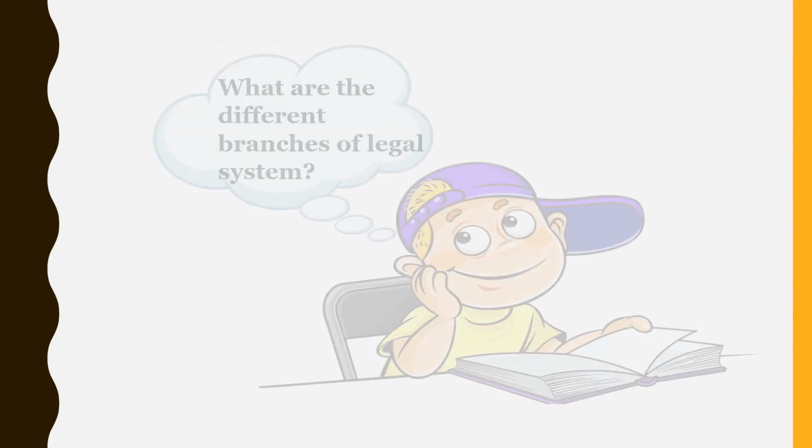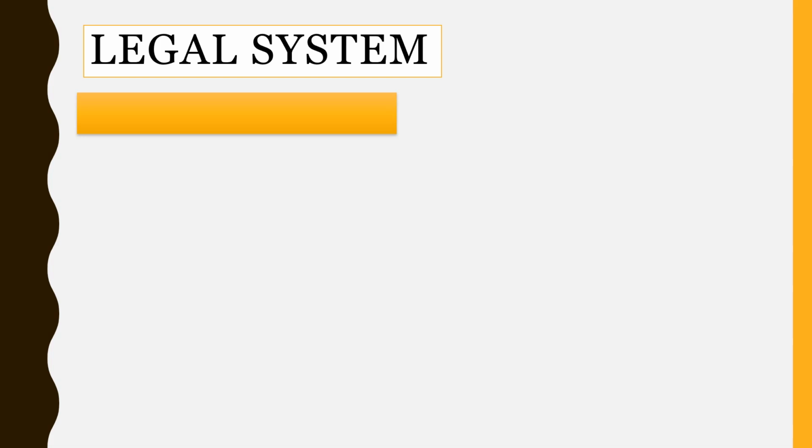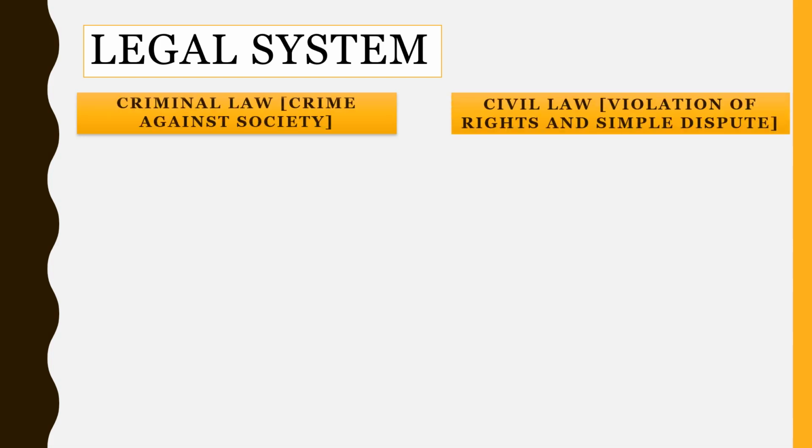Now let's discuss the branches of the legal system. The legal system can be divided into two different parts. One is criminal law. Criminal law can be described as crime against society, against the state. The second is civil law.